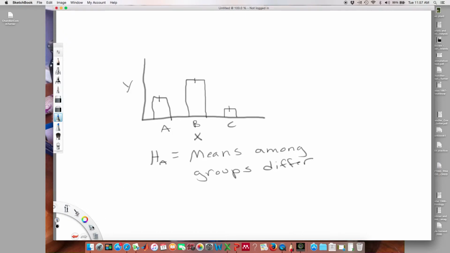So what we're going to focus on for this one-way ANOVA example is mollusk shell lengths. Now, you could use a one-way ANOVA for a variety of different applications. Don't get bogged down on mollusk shells. This could really be used for anything.